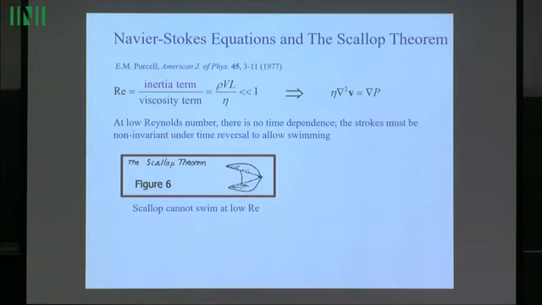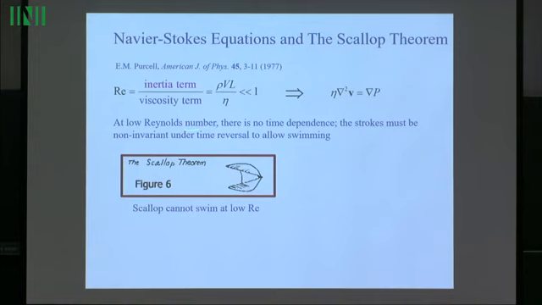So first I will describe the basic physics of propulsion of the bacteria. It's nicely described by Purcell in this classic, now very famous paper, who discussed how difficult it is to swim at the microscale when your body is so small that the Reynolds number, shown here as the ratio of the inertia term and the viscosity term in Navier-Stokes equations, is much, much smaller than 1.